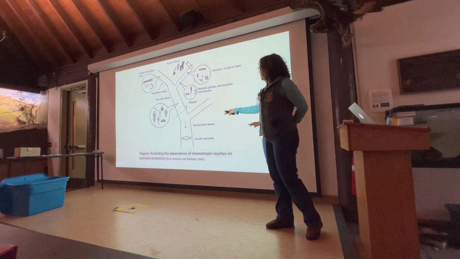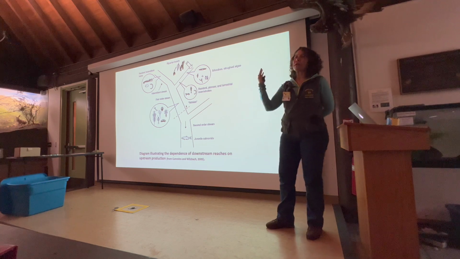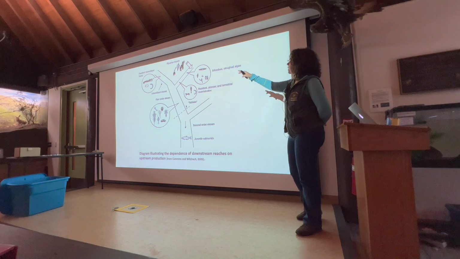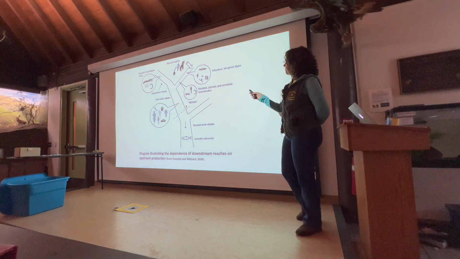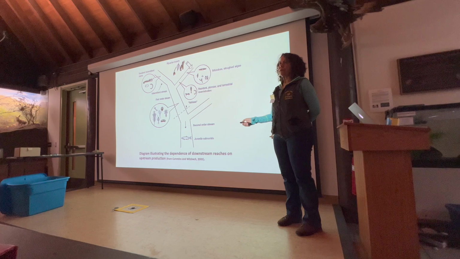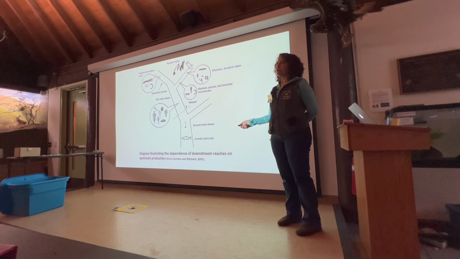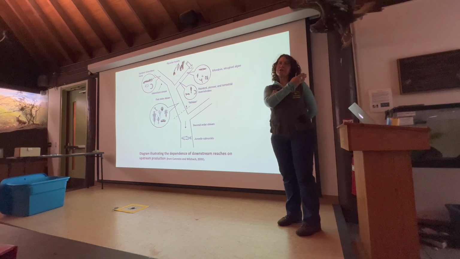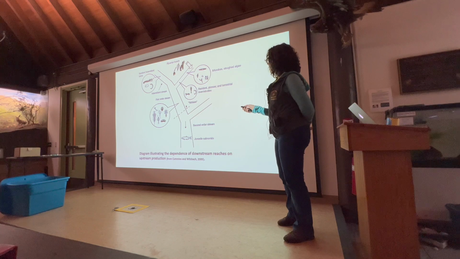What's in the stream, the river further down, depends a lot on what's happening up in the streams up here. Even though we don't have any fish in our stream, right? Even in years when it's wet through into the summer, there are no fish naturally occurring here. There are some fish that occur in some parts of the Santa Clara River where there's more water more of the time, but not here.